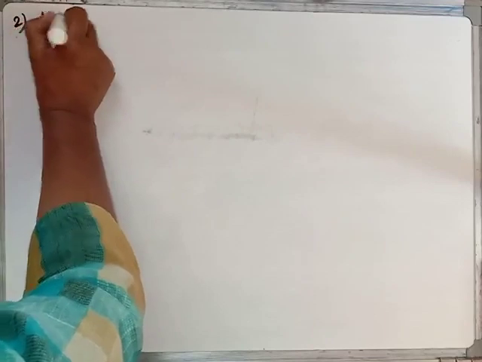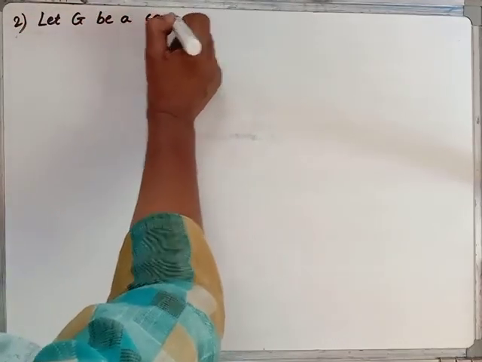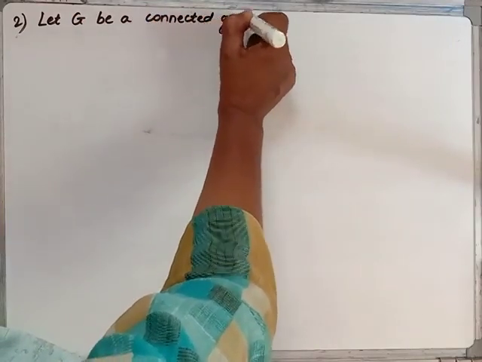Now, the next one, edge connectivity. So, definition. Let G be a connected graph.